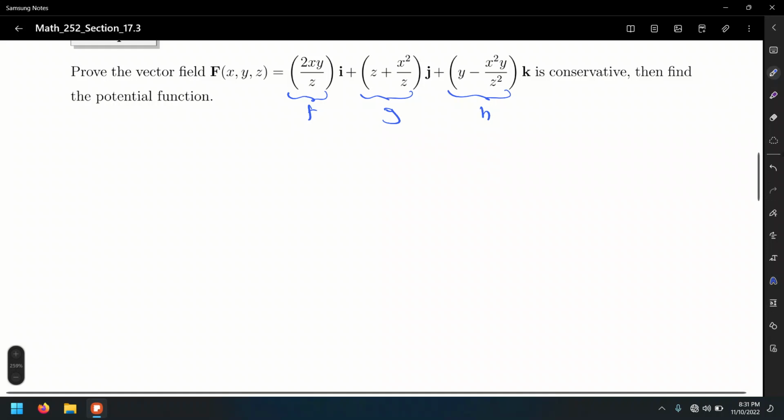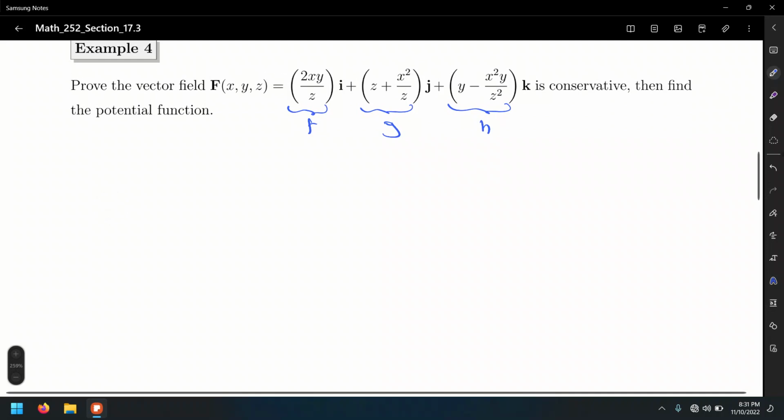All right. So number 1, for letter A on number 1, we need to show that the partial of f with respect to y equals the partial of g with respect to x.